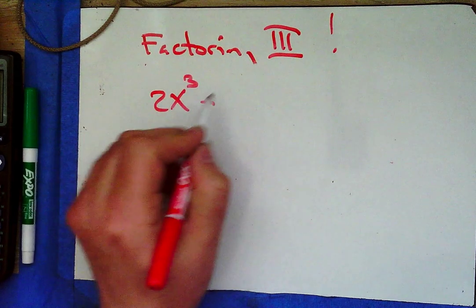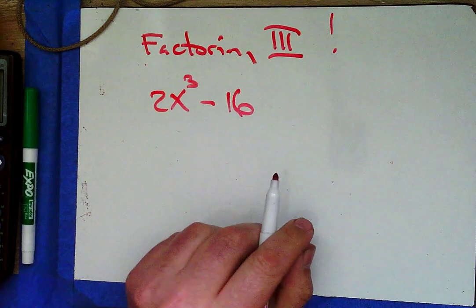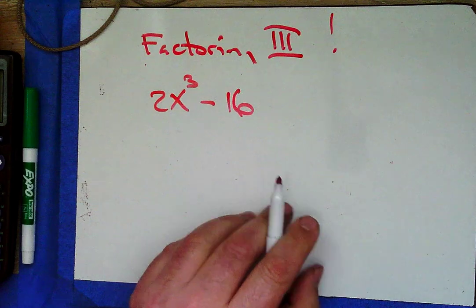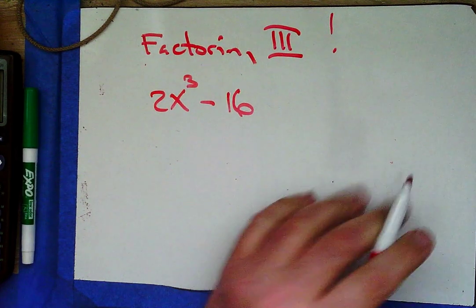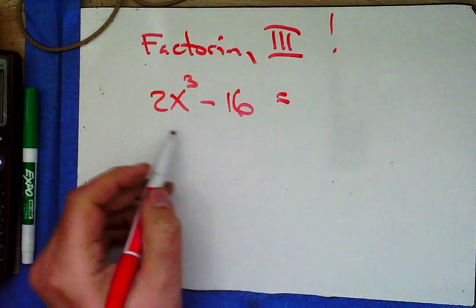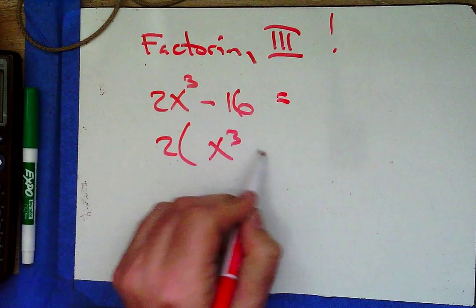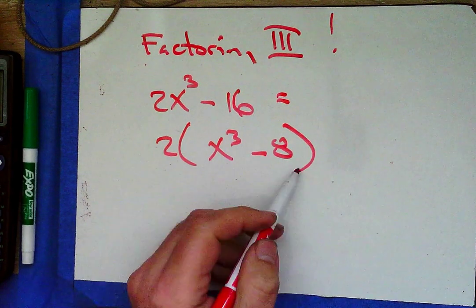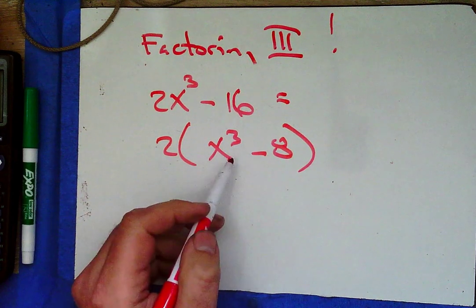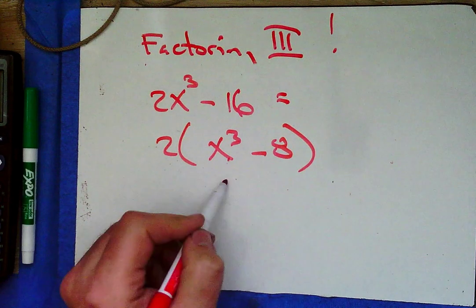2x to the third minus 16. Please factor. Did you start with GCF factoring first and come up with x to the third minus 8? Did you then say, two terms? Why, that's not a difference of squares, but it is a difference of cubes.